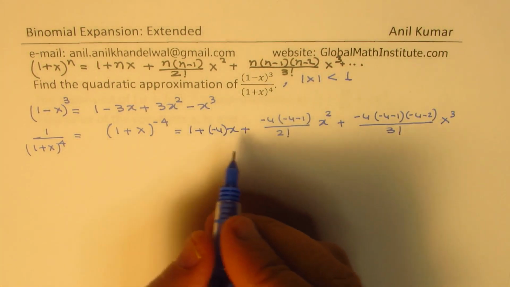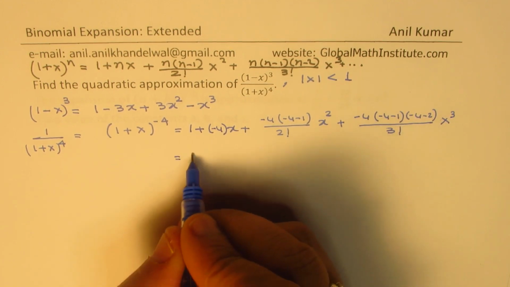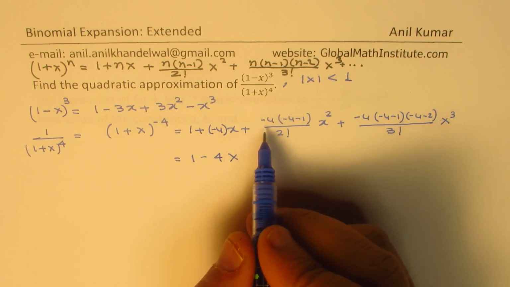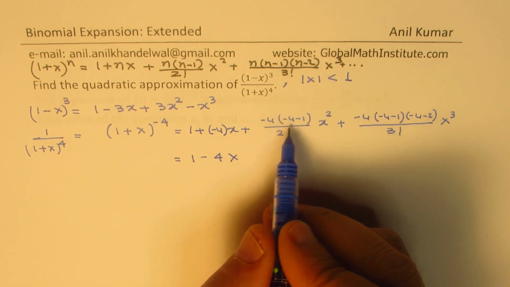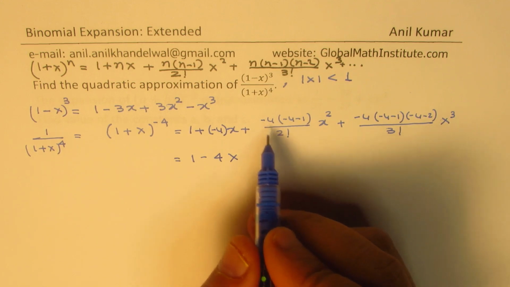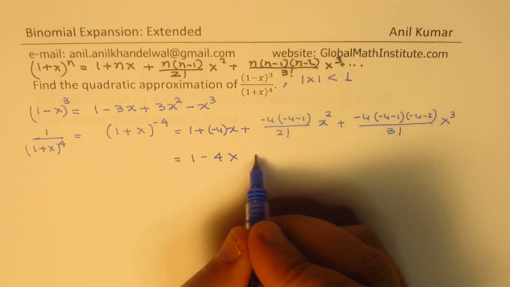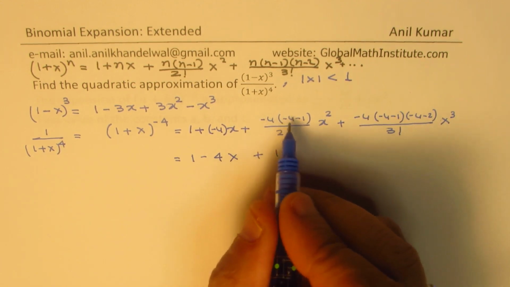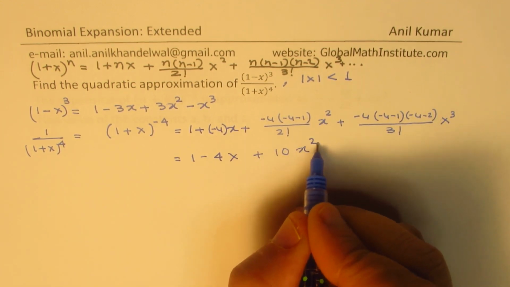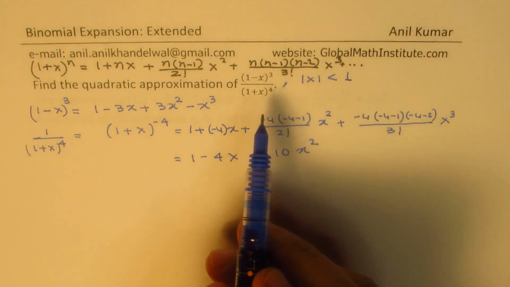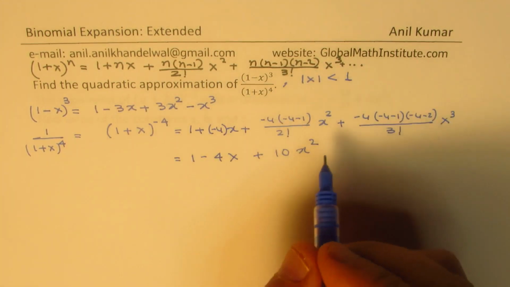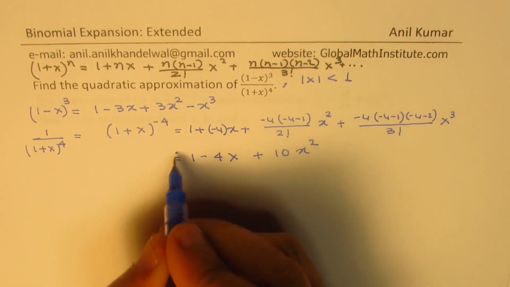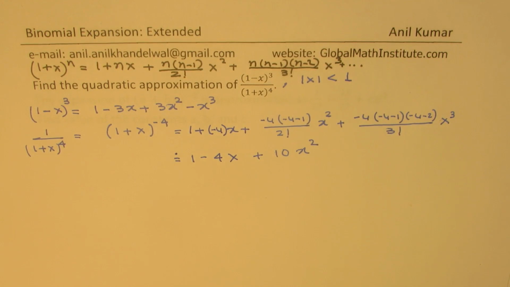Let's simplify this. It can be written as 1 - 4x. Here we get -4 times -5. So minus minus is plus. We get plus 5 times 2, which is 10, so 10x^2. Now, since we only need quadratic approximation, we'll just terminate at this x^2 term, right?